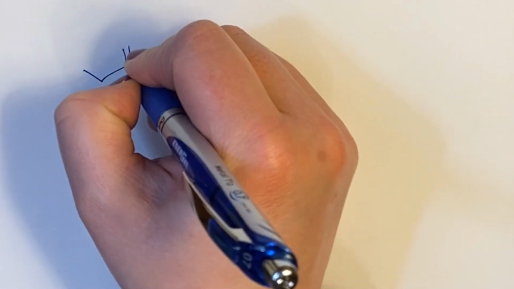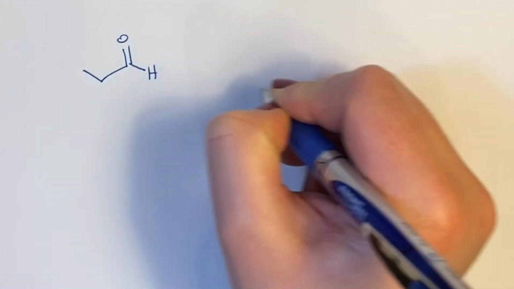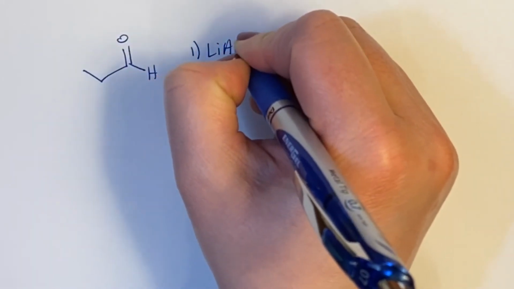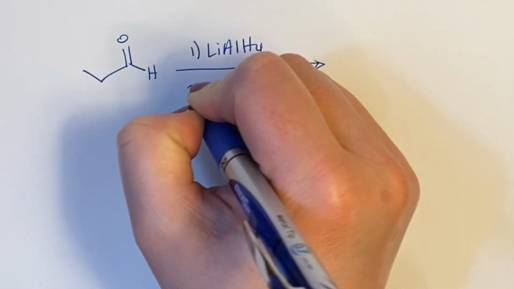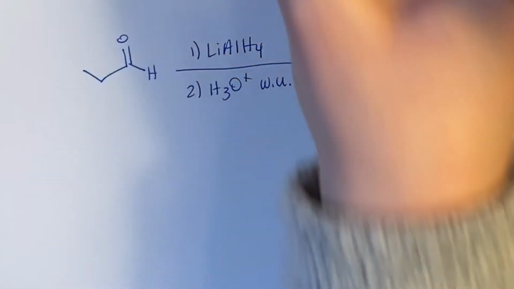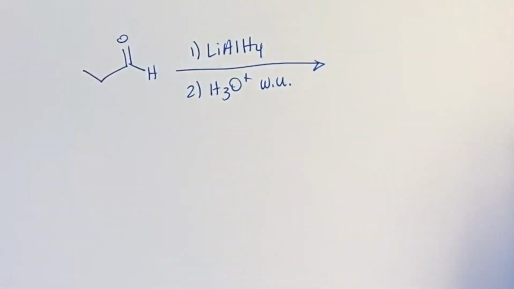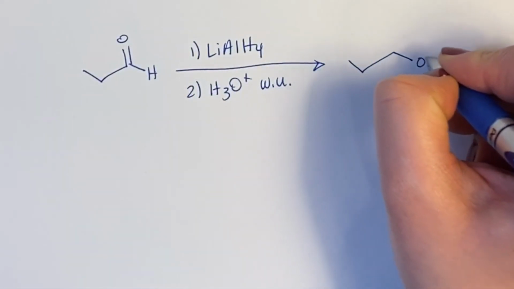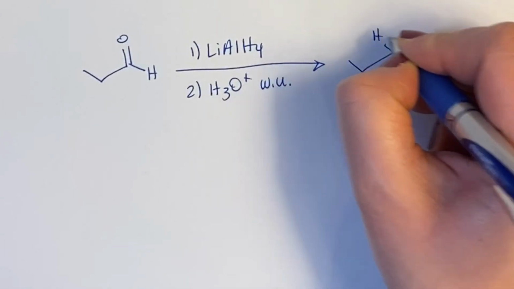If I have this same aldehyde, I can also treat this aldehyde with lithium aluminum hydride, followed by an acid workup, and I'll make that same primary alcohol out of the reaction.